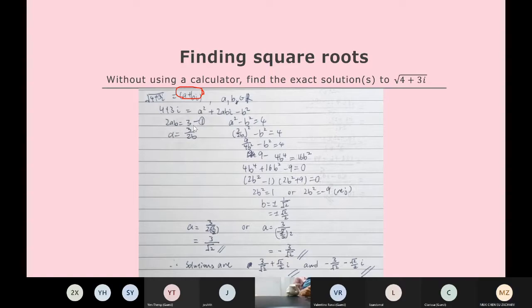So now you look at both sides and do your comparison. a squared minus b squared, as we have already stated here, is quite important actually. a squared minus b squared will give you a real number, so it will correspond to the real part of your complex number. This is what we have written down over here.